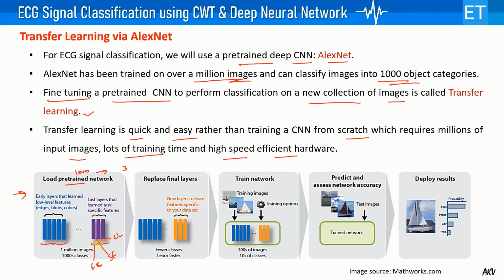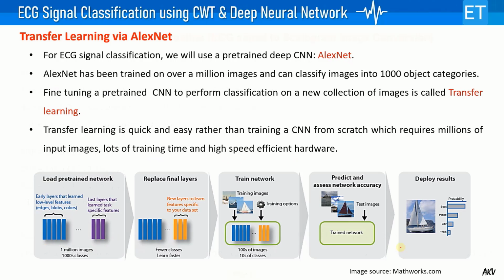So you have to change this parameter in the fully connected layer and define the number of classes, and then the fresh softmax layer and the final new classification layer, which will give output corresponding to only the 3 categories. Once these last 3 layers are changed and fine-tuned, we train this network on our new set of images, and after training it is ready to classify our new input images.